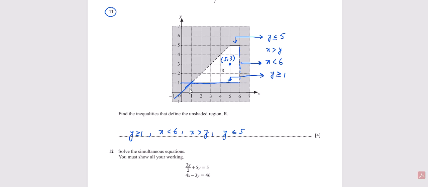So the slope is 0. That's why x is equal to y, or x equal to y.